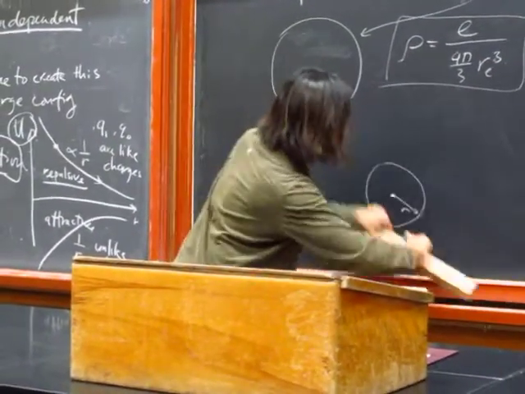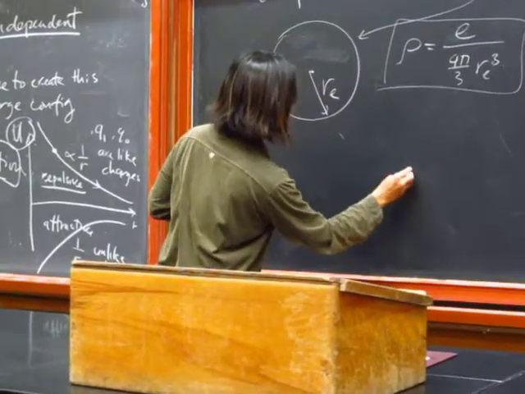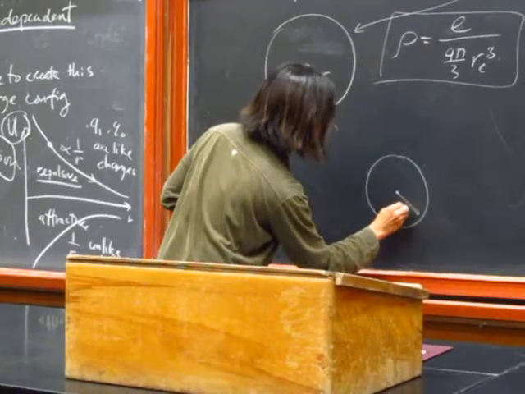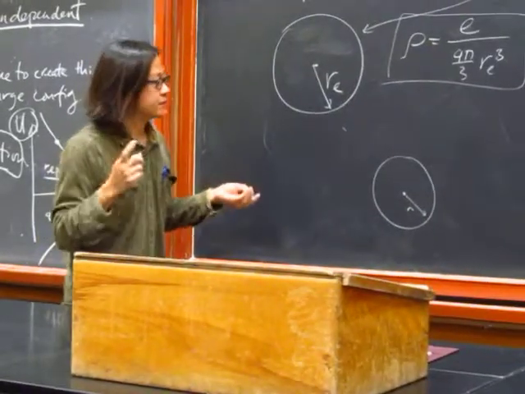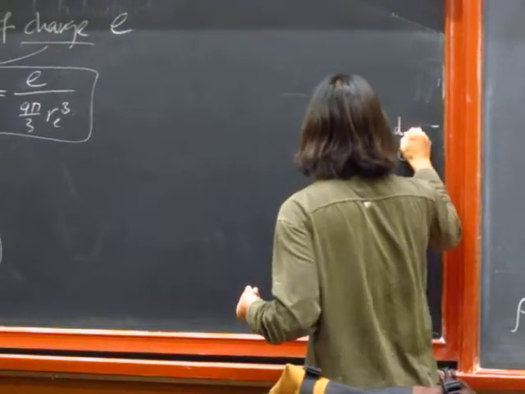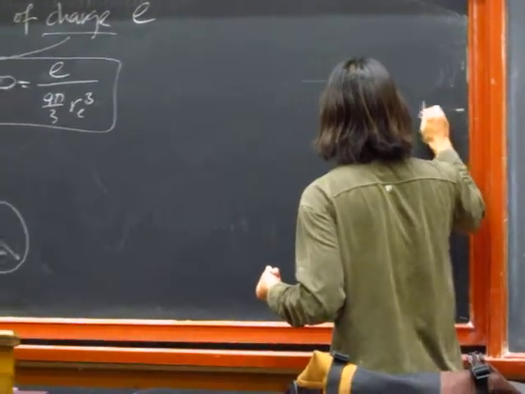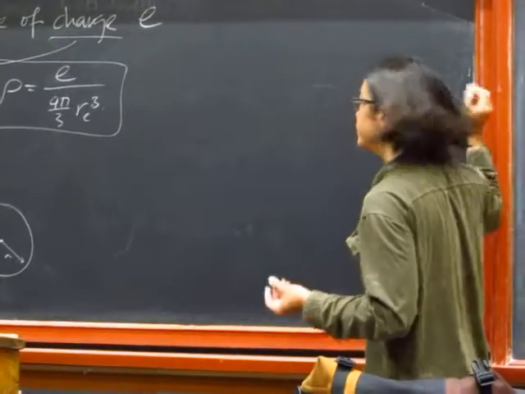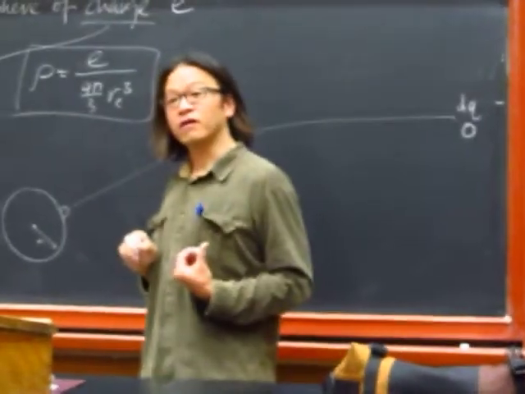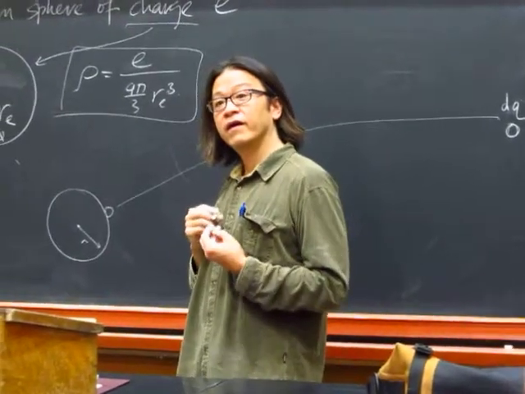Let me draw it bigger. Now I want to ask this question: how much energy does it take to bring dq from infinity all the way to the surface of the ball of radius r?